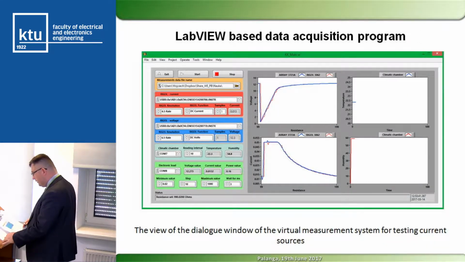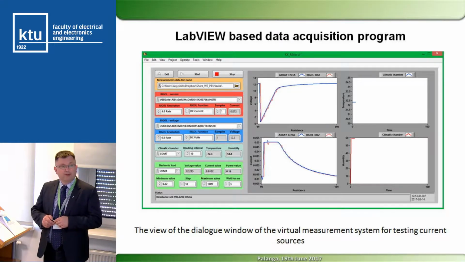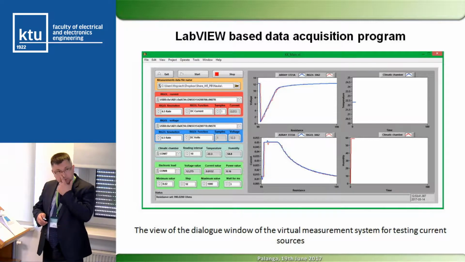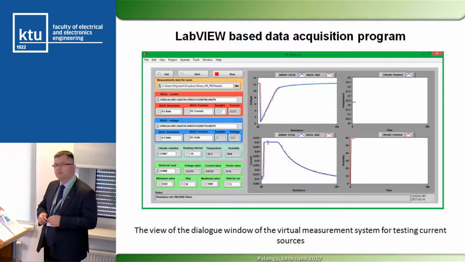Here we have an example of a dialog window of our virtual instrument, which was written in the LabVIEW G language.